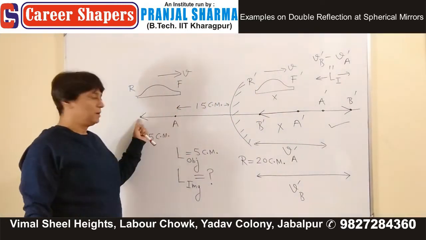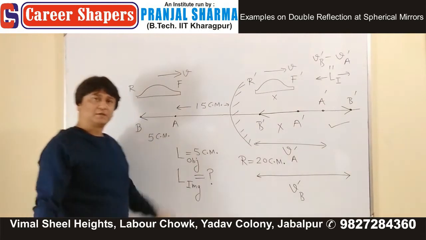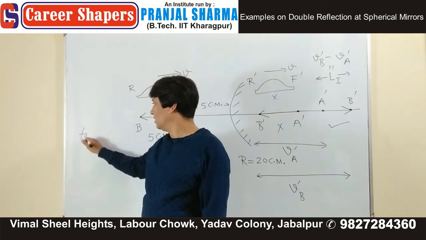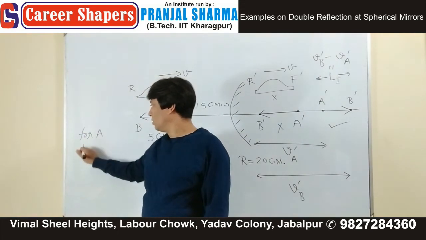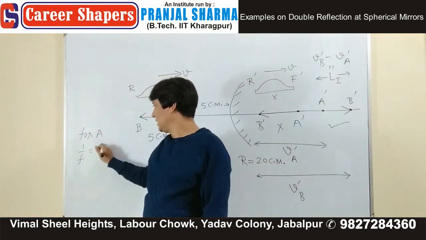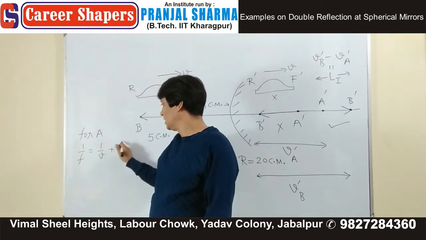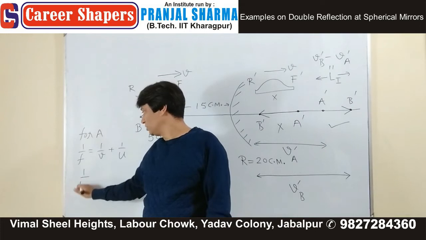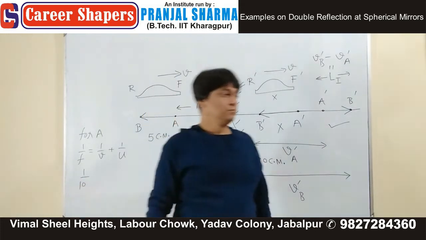A and B are two point objects, and for these you will use 1 upon F equals 1 upon V plus 1 upon U. Focal length you can see is 10.